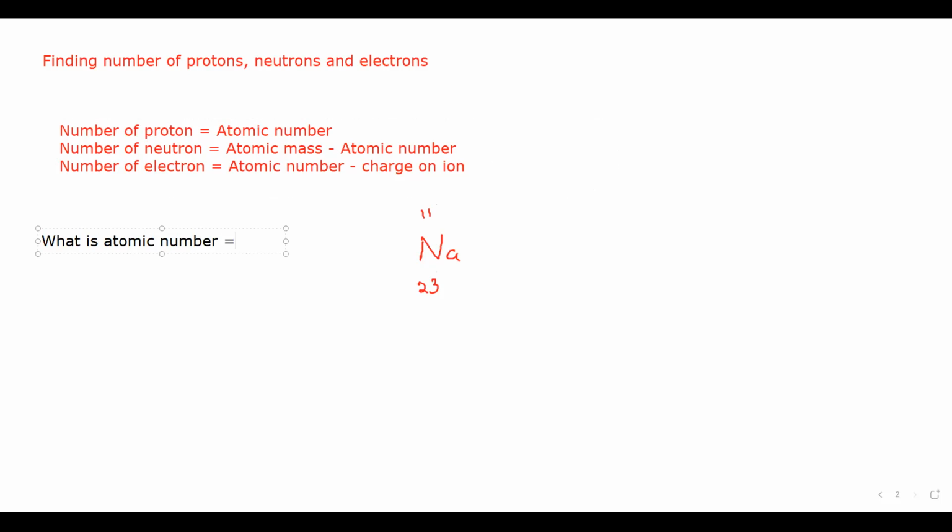And I want participation from others as well. Atomic number, the number at the top which is written, that is called atomic number. So what is the atomic number in this example? The atomic number is 11. The top number is the atomic number.